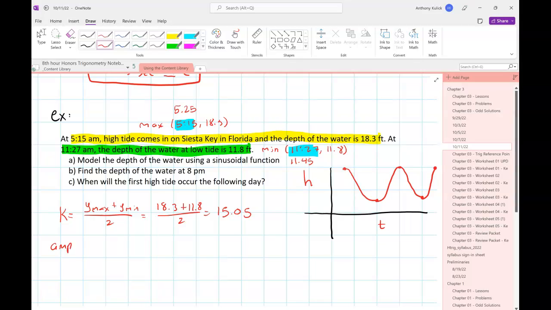And I remember that the amplitude is y max minus y min divided by 2. So when I do that, I get 3.25. Everybody's cool with that?